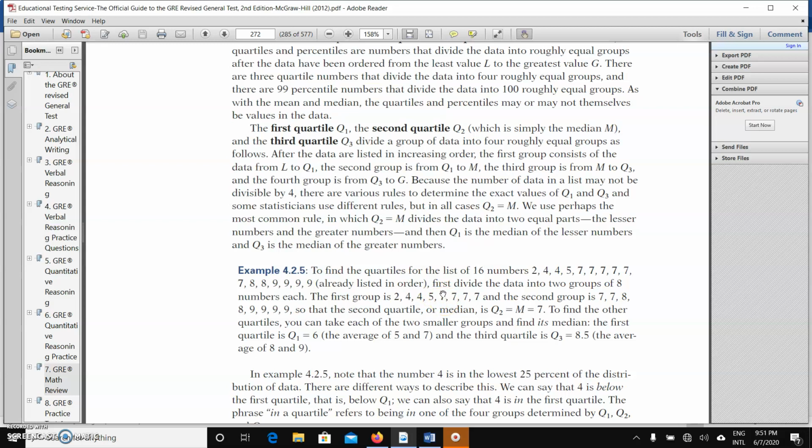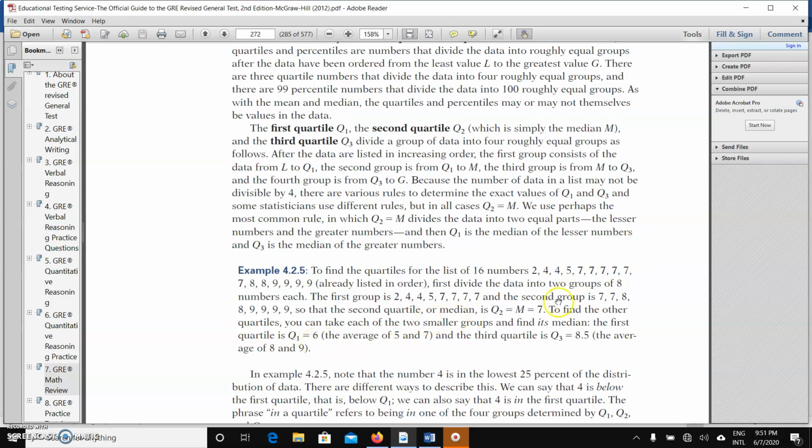Because the distribution is even, it is 8 numbers, so you can't have one number in the middle. You're going to have two numbers in the middle, 5 and 7. When you look for the average of 5 and 7, you get 6. So that will be your Q1.